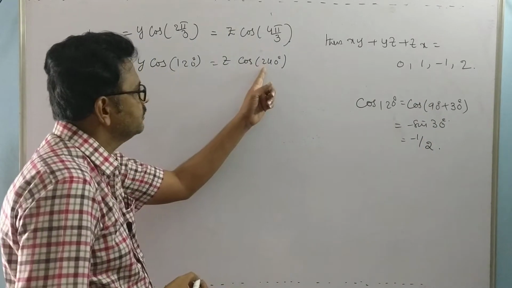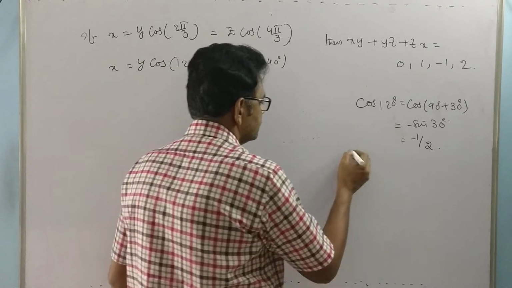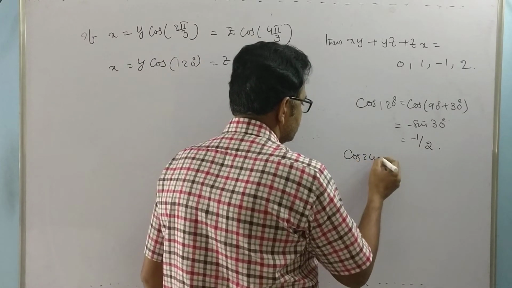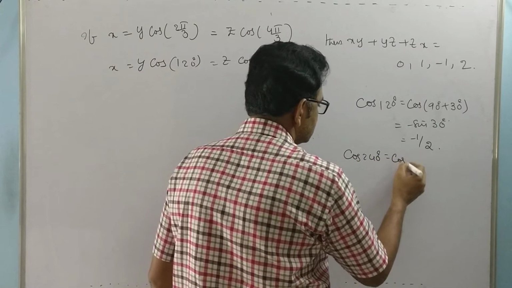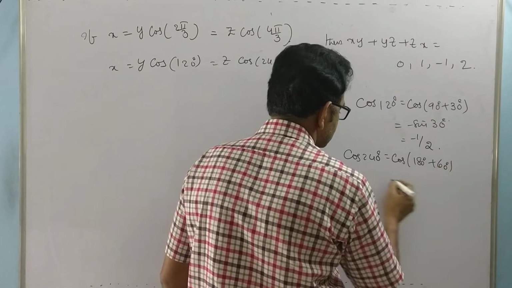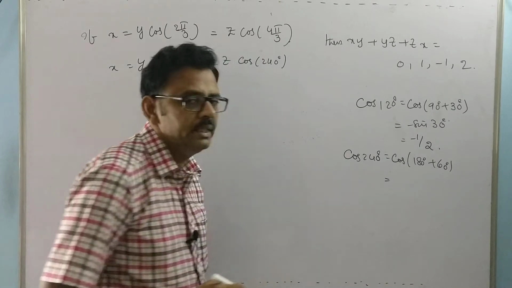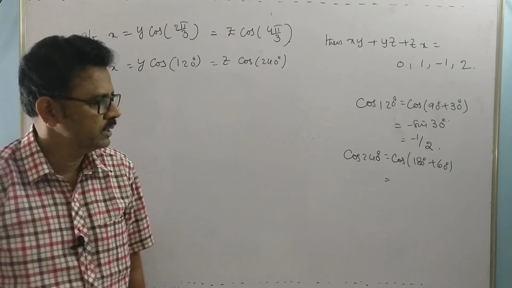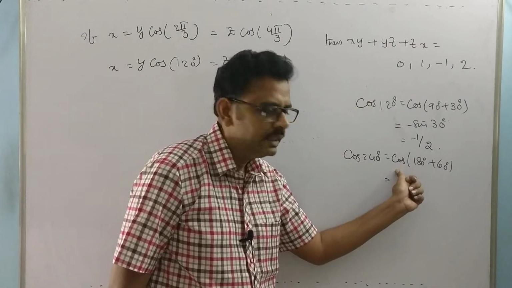And this is cos of 240 degrees. Cos of 240 degrees equals cos of 180 degrees plus 60 degrees. 180 plus theta means third quadrant, cos is negative.